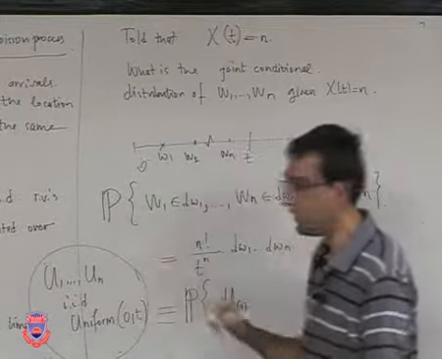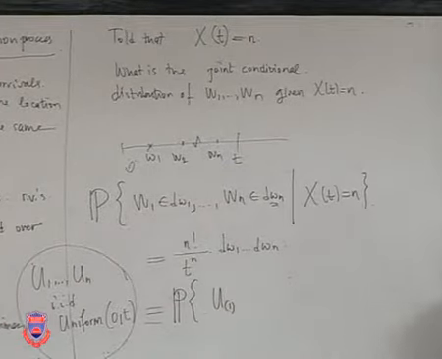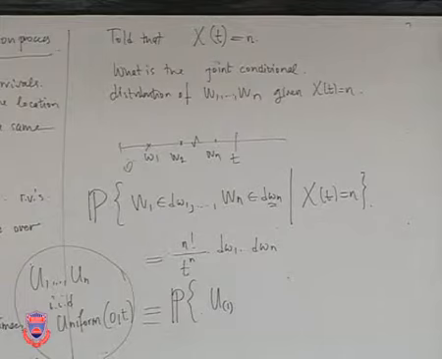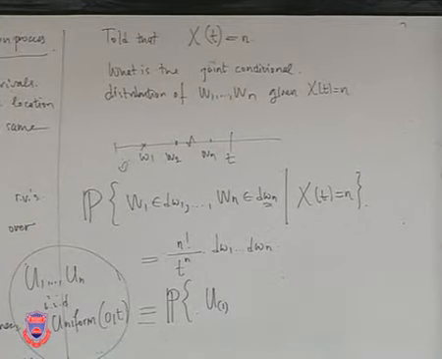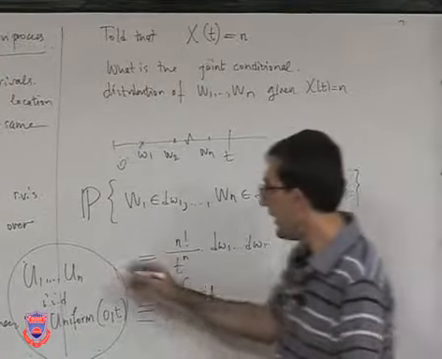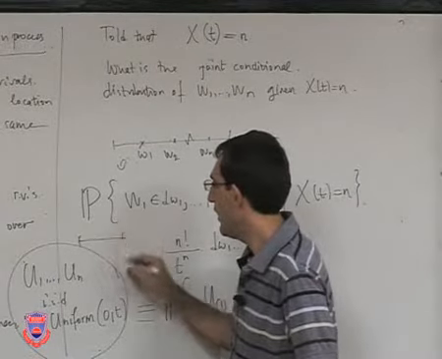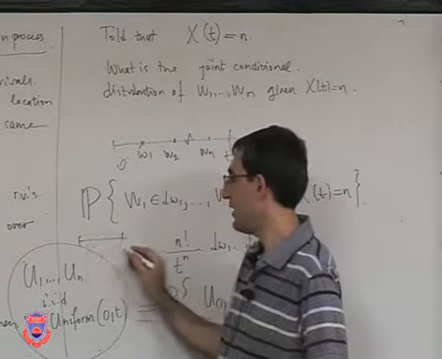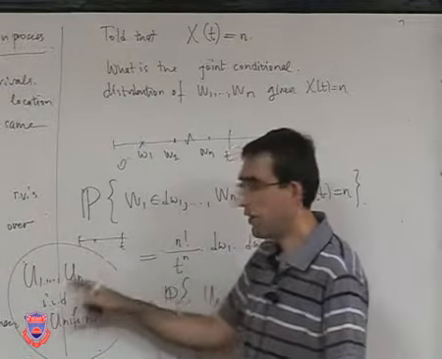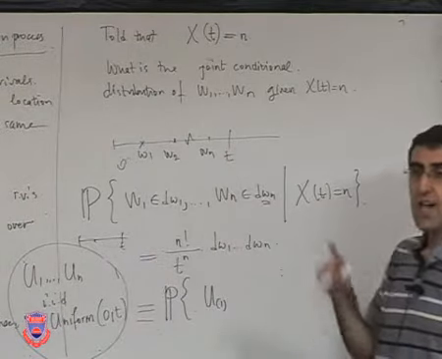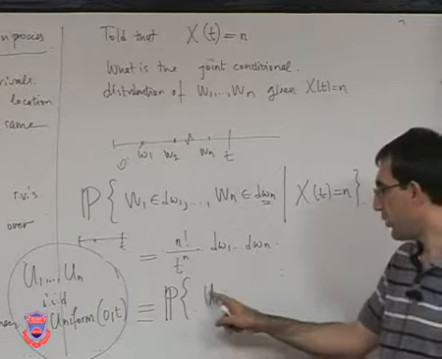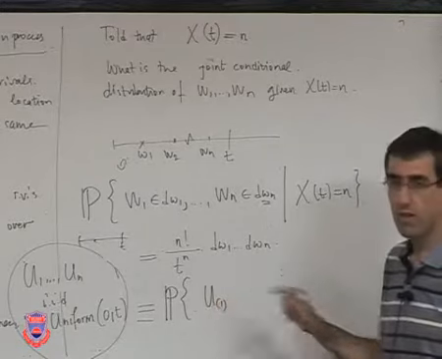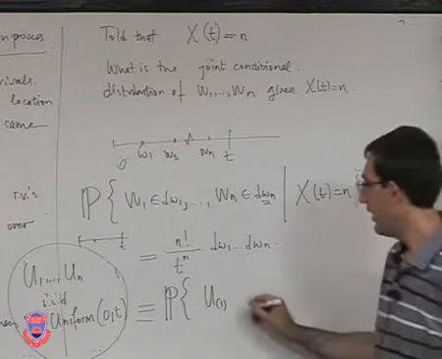We know what this means: independently of each other, you close your eyes and pick a point over the interval from 0 to t, arbitrarily, at random. So you pick all these n numbers, and then you ask yourself, what is the minimum of them? That's denoted by U sub (1).